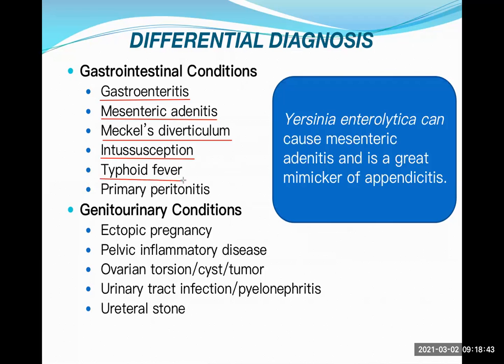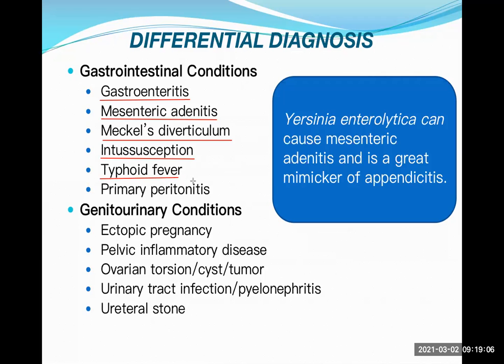Typhoid fever. What is the causative agent of typhoid fever? Salmonella typhi. Excellent. This is a medical illness caused by a bacterium known as Salmonella typhi, which enters our body through the fecal-oral route. That means contaminated food and water.